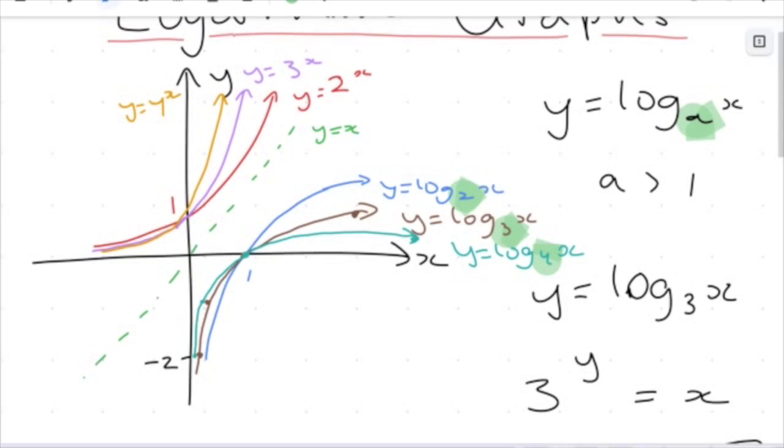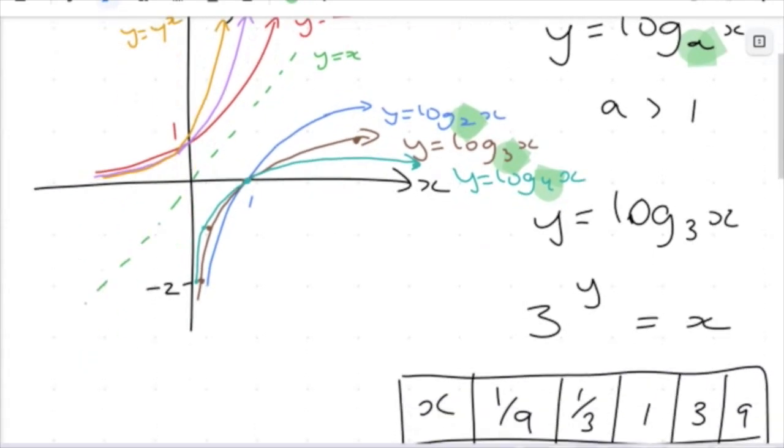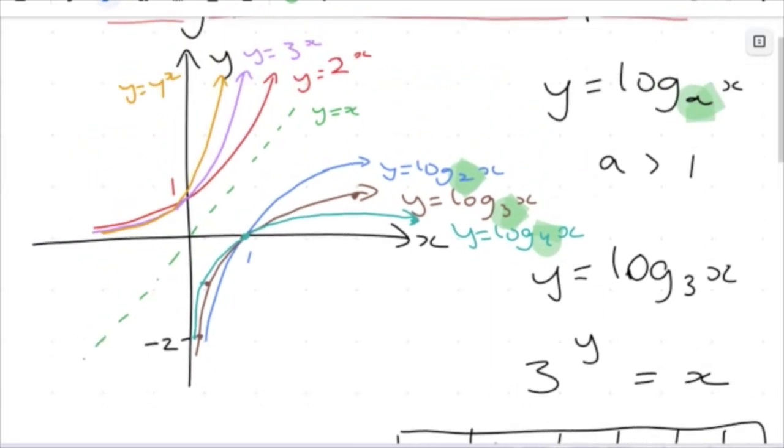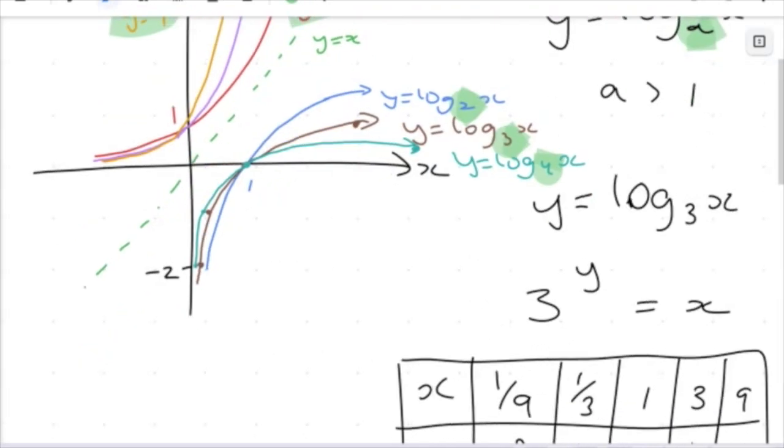So this is how the dilation transformation will affect our log graph. And remember, the dilation was just about stretching something out and making something steeper or more shallow. The same kind of things are happening with my log graph, but it's going in a way that's opposite to what's happening with all of my exponential graphs. So that's the effect of changing this value of a.